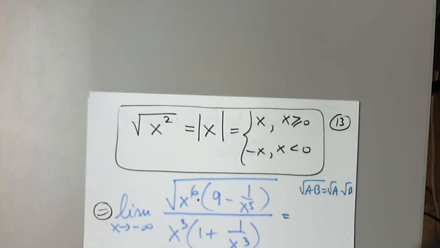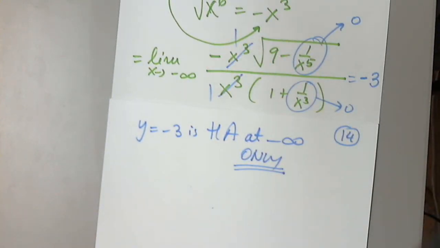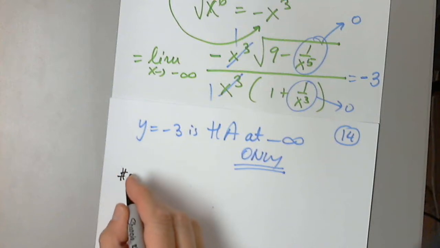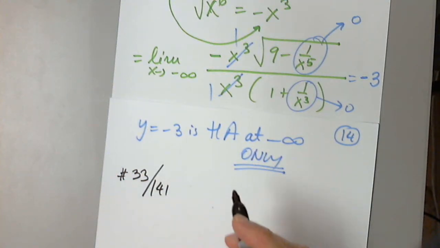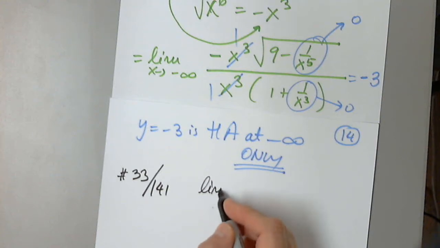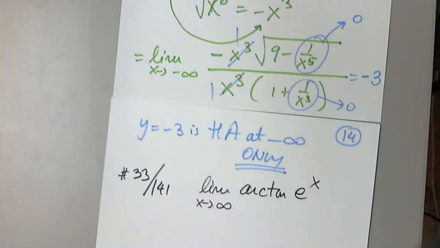But when x approaches negative infinity, I have to have negative. I would like to look at that arctangent because this is extremely important. I want to review with you those two graphs. So this is 33 on 141. This is limit as x approaches infinity of arctangent e to the x.